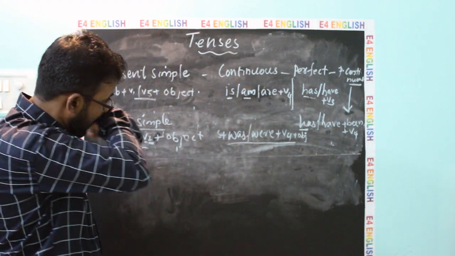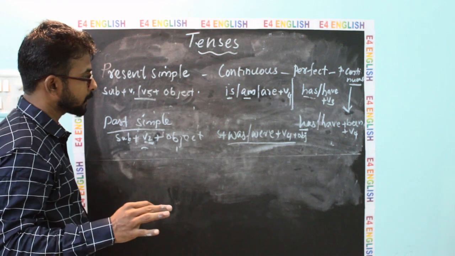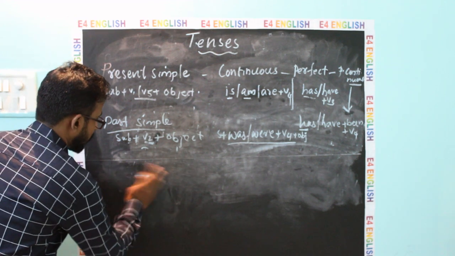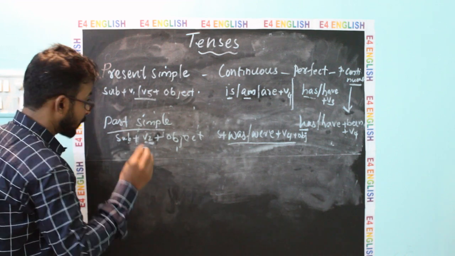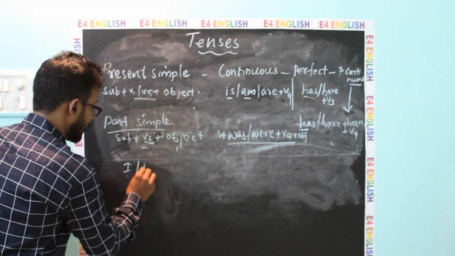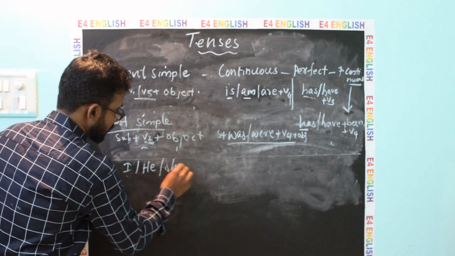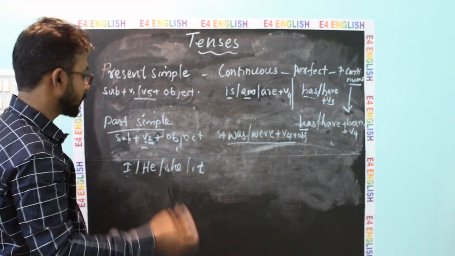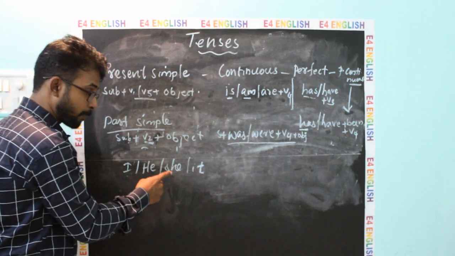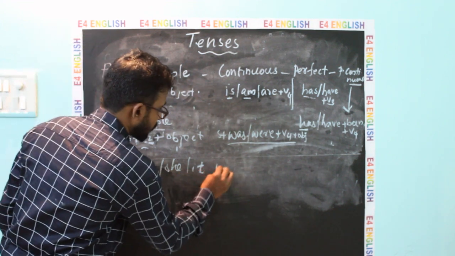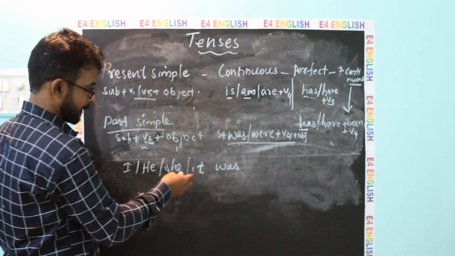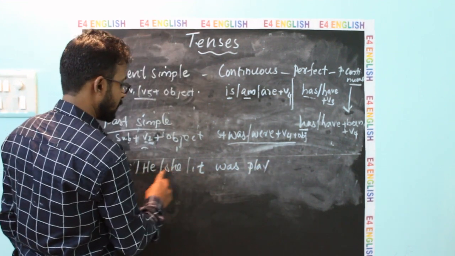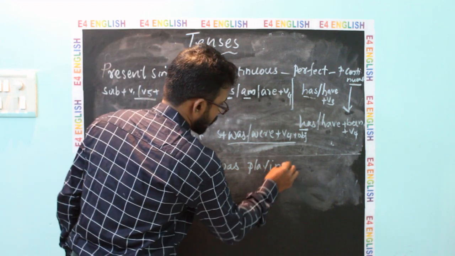So here we will use was when the subject is I or he, she, it. That means with the first person singular I and third person singulars we will use was. Okay, it was playing, I was playing, he was playing, she was playing, it was playing cricket.